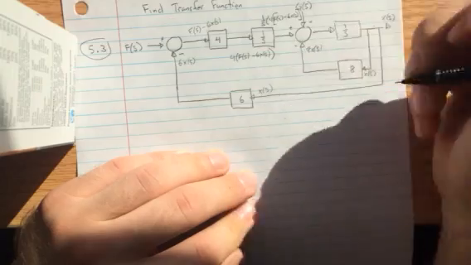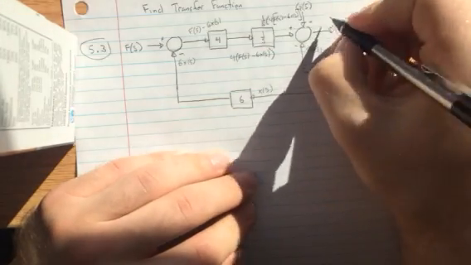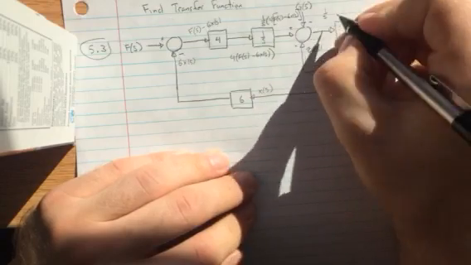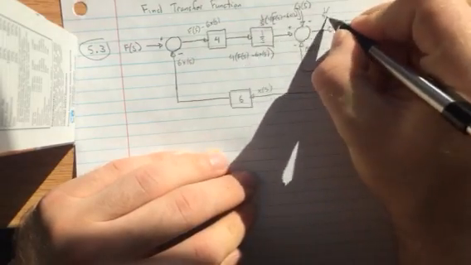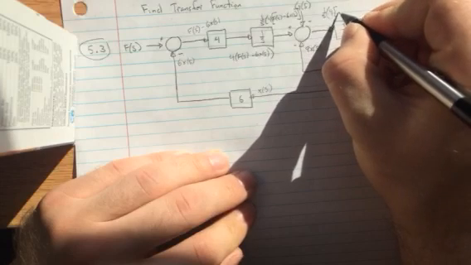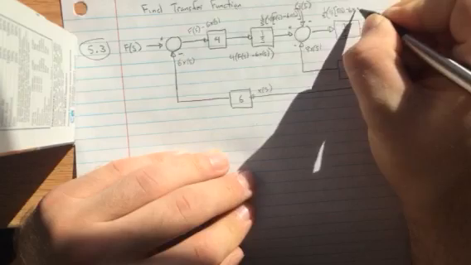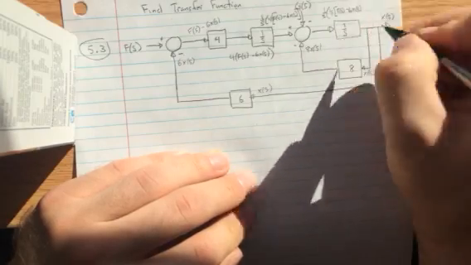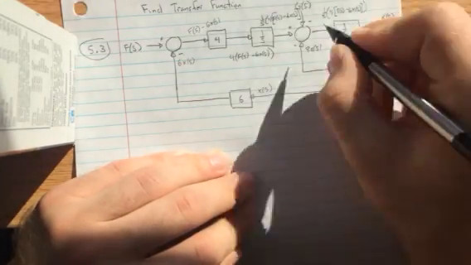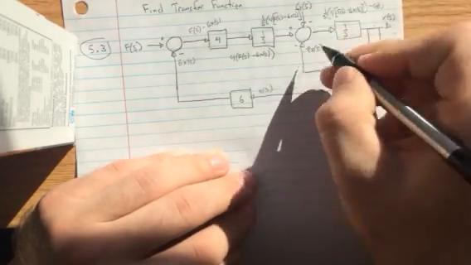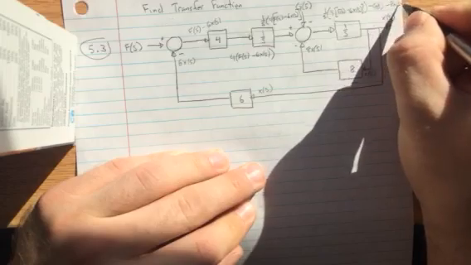So the input to this final block is going to be 1 over s times 4 times (F(s) minus 6X(s)), and then we're going to subtract off G(s), and we're going to subtract off 8X(s).